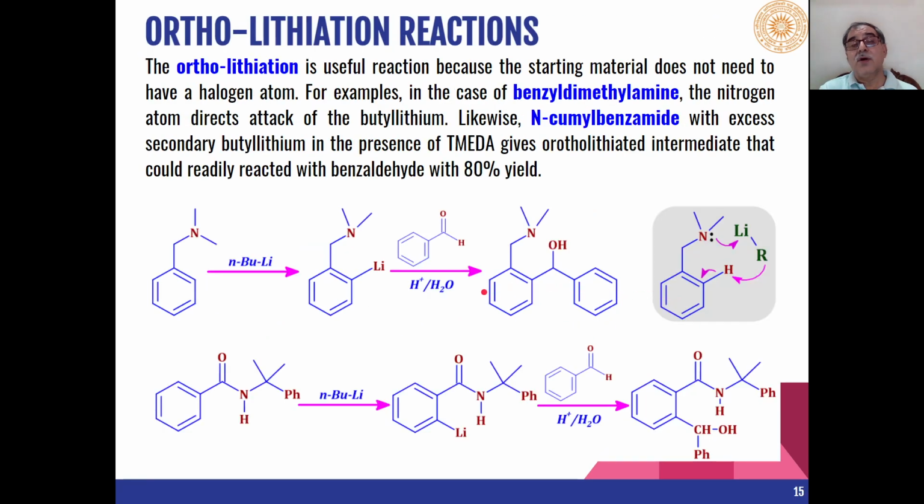Then there are ortho-lithiation reactions. As I have told you, the presence of some substituents on the aryl group, like N,N-disubstituted amines, will lead to an increase in the activity of the ortho positions, and n-butyl lithium will react with these types of substrate, and ortholithiation will take place.